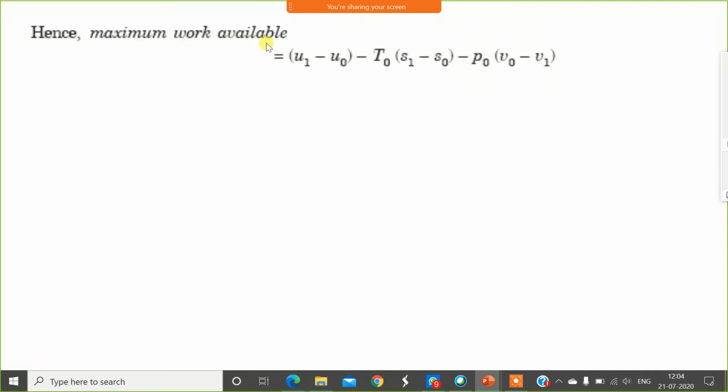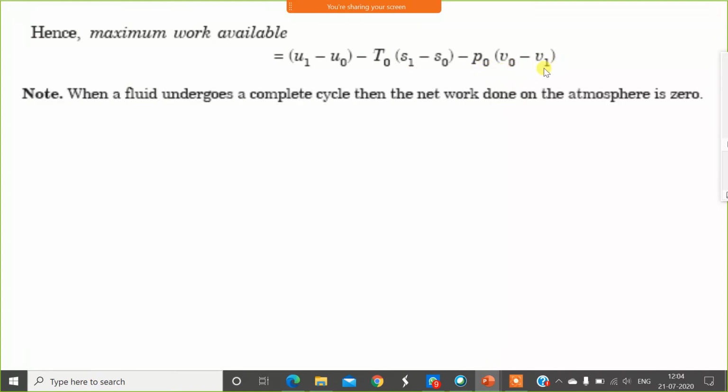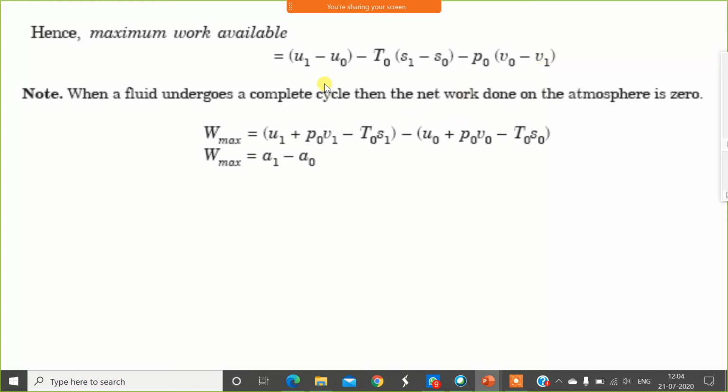Therefore, maximum work available is equal to (U1 minus U0) minus T0 (S1 minus S0) minus P0 (V0 minus V1). Now rearranging it as (U1 plus P0 V1 minus T0 S1) minus (U0 plus P0 V0 minus T0 S0).